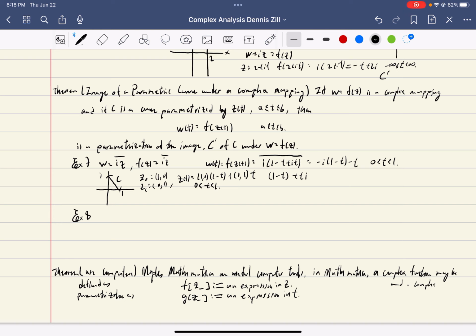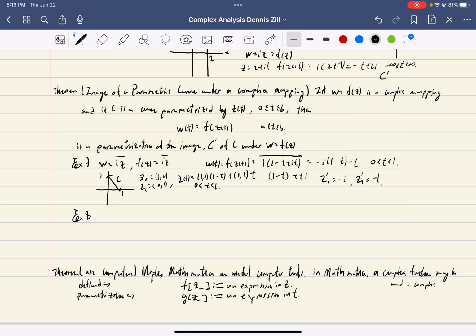And now with the identification, your z0 prime is equal to negative i, look over here, and z1 prime is equal to negative 1.